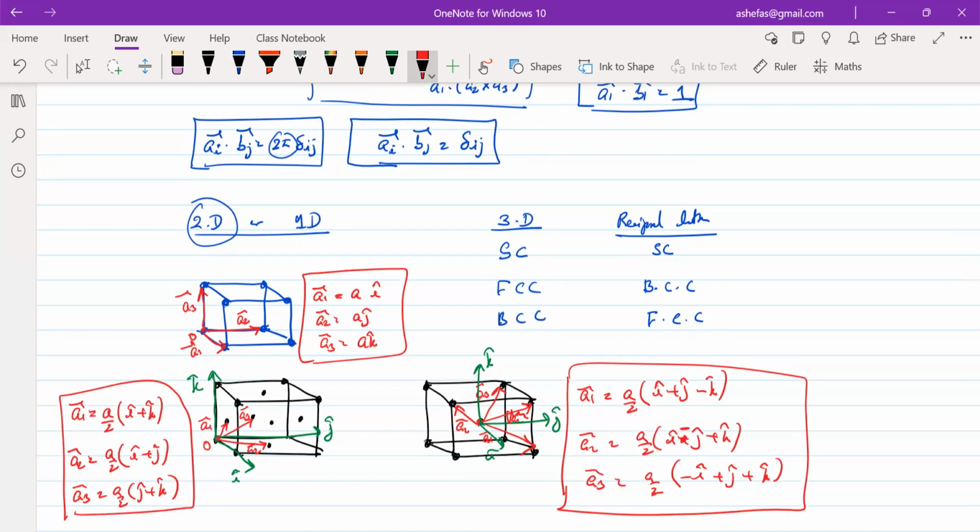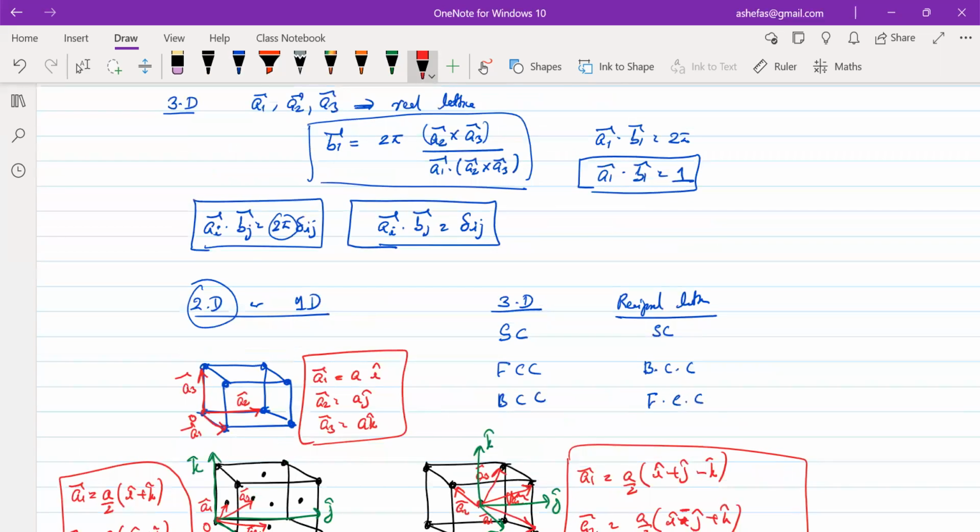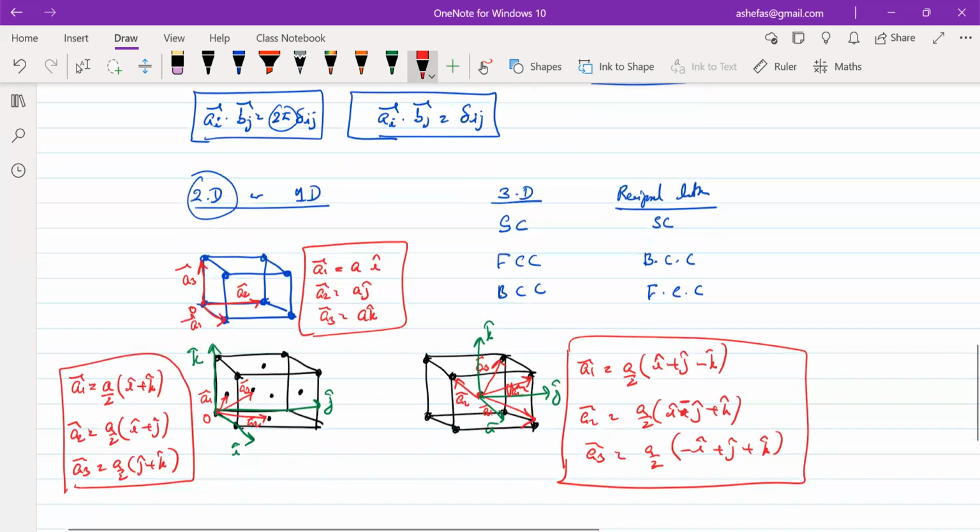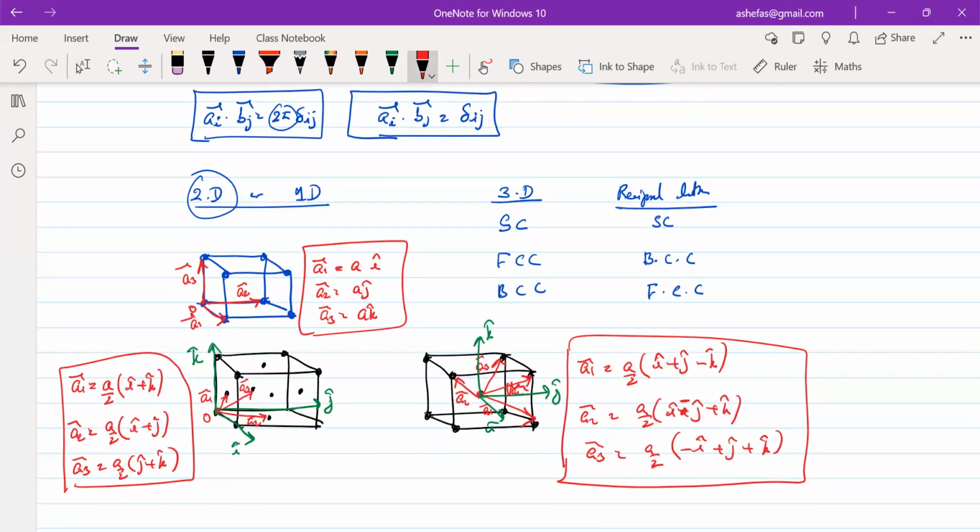Now from these we can calculate their reciprocal lattices by using this definition of B1, then B2, then B3. For simple cubic, B1, B2, B3 take the same structure, which is why for the simple cubic real lattice we get a simple cubic reciprocal lattice.